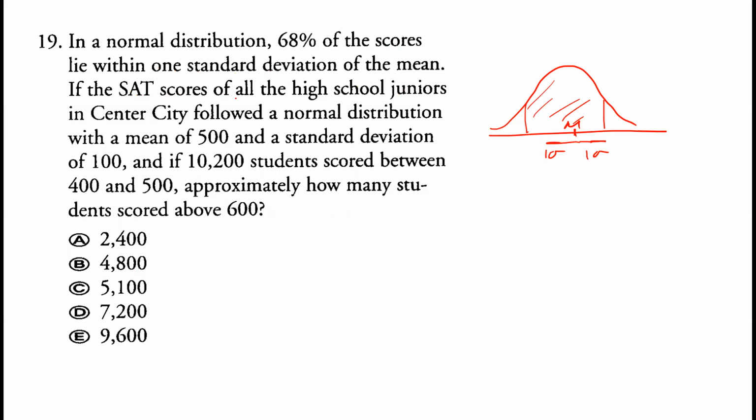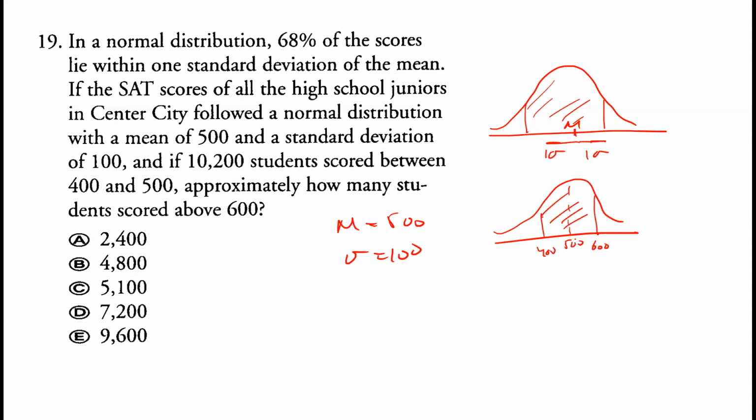If the SAT score of all the high school juniors in Center City followed a normal distribution with a mean of 500 and a standard deviation of 100, so 1 standard deviation would be how much? If this is your mean of 500, so this is 600 and this would be 400. So in between 400 and 600, we have 68%.